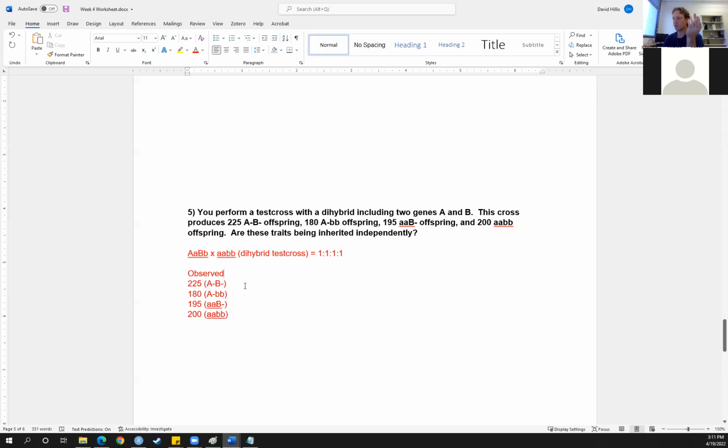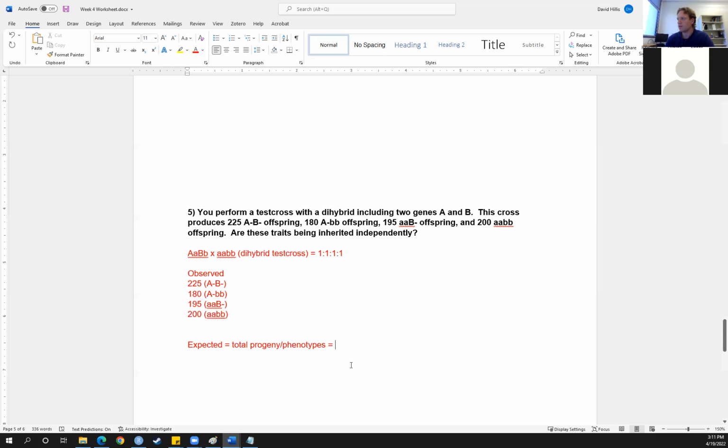Now we're going to calculate our expected values. Our expected values is going to equal our total progeny divided by our number of groups, or let's say phenotypes.